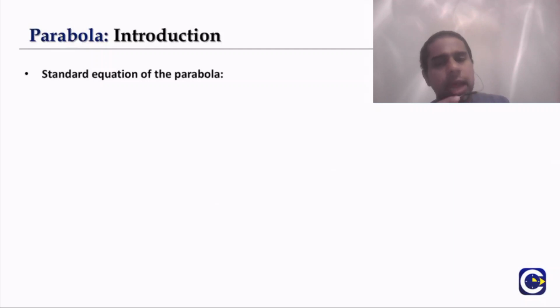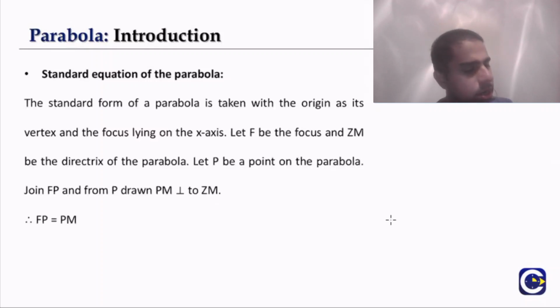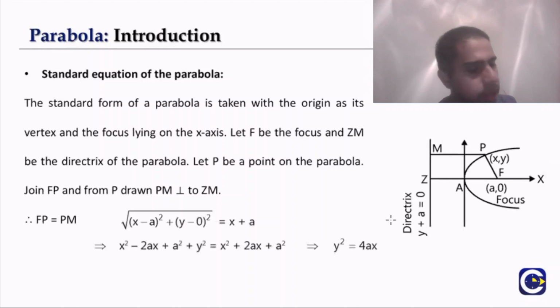Okay, so parabola is similar to ellipse. It also has a directrix, it also has a focus point, but the definition of the parabola is a little bit different from the definition of the ellipse.